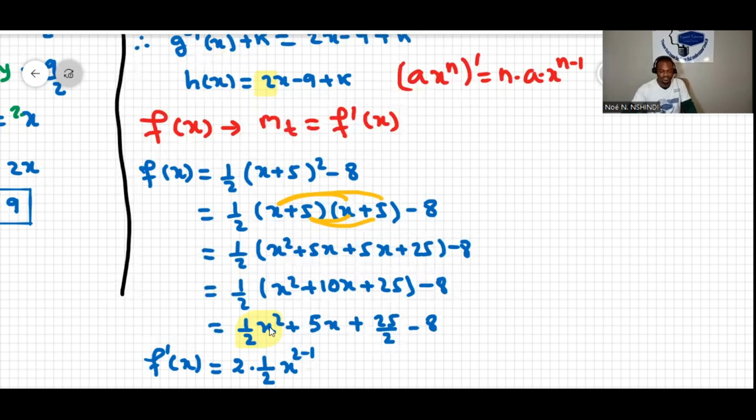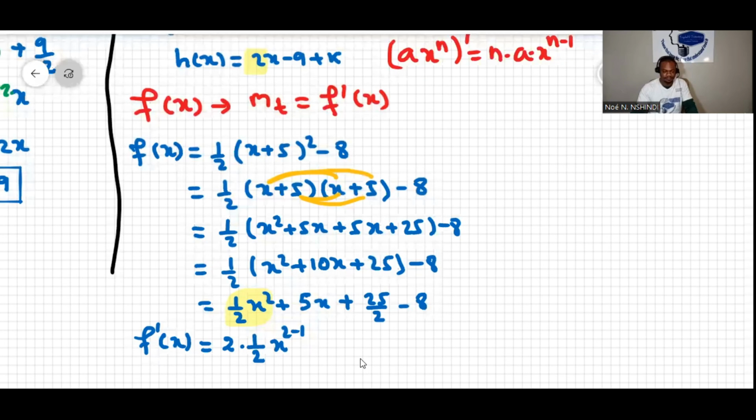The exponent 2 gets down, times a half times x to the power of 2 minus 1. Okay, and then plus 1 times 5 x to the power of 0, and then plus 0.